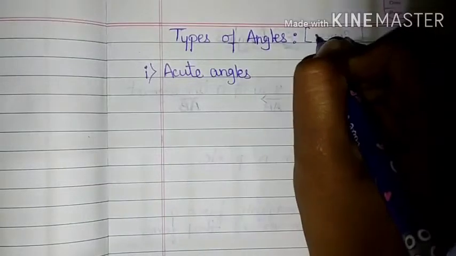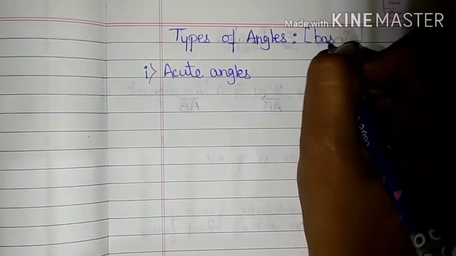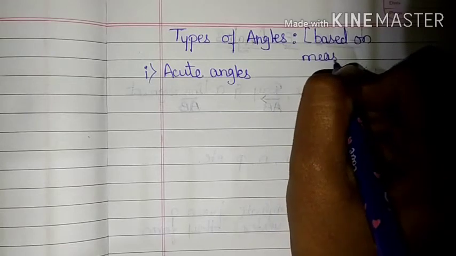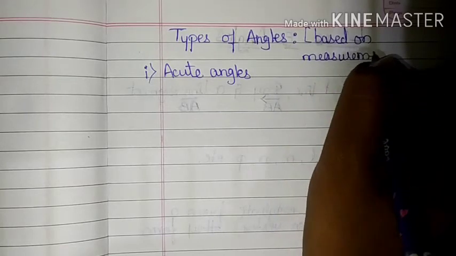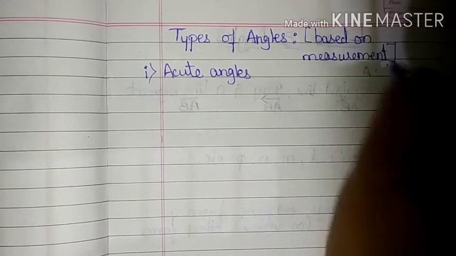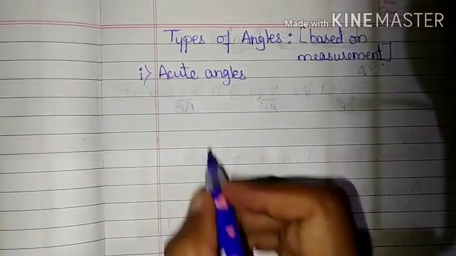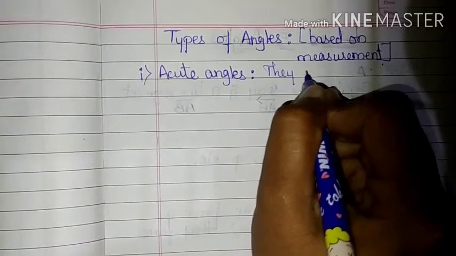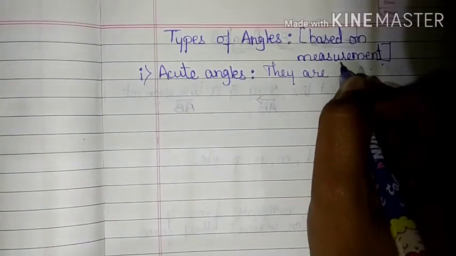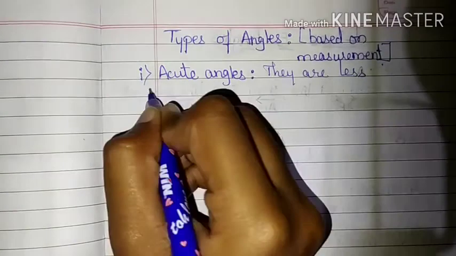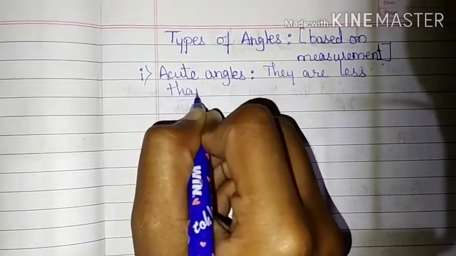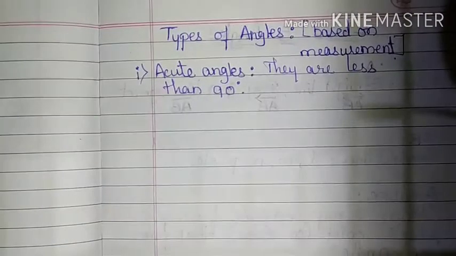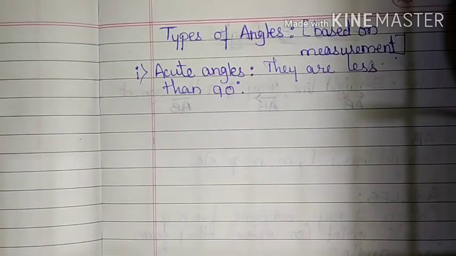Write it here, based on measurement, based on how much their value is, we classify angles. Acute angles are always less than 90 degrees, right?